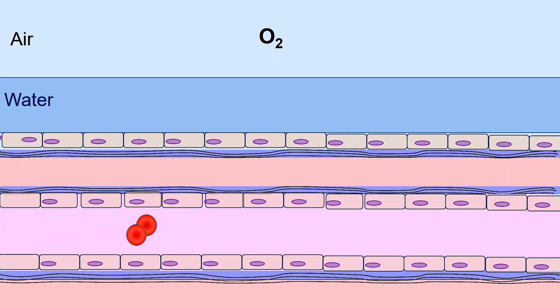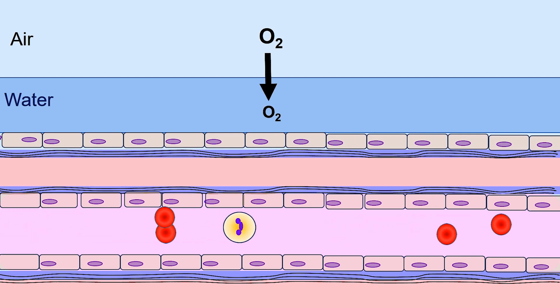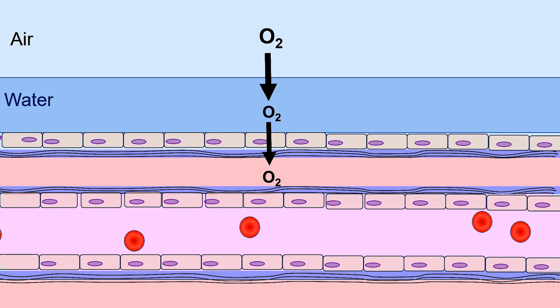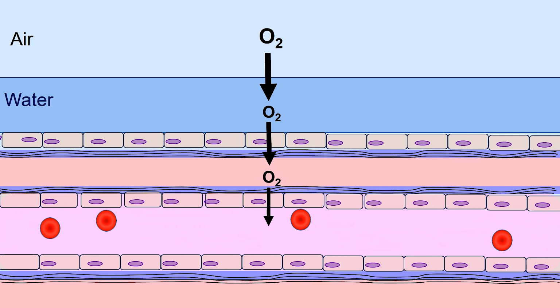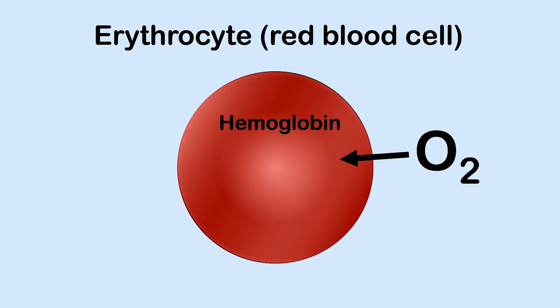So let's consider how this oxygen then travels in the blood. Starting off in the alveoli, you have oxygen dissolving into solution, according to Henry's law, and diffusion into the capillaries. Once it gets into the capillaries, you have oxygen interacting with the red blood cell, entering onto hemoglobin.